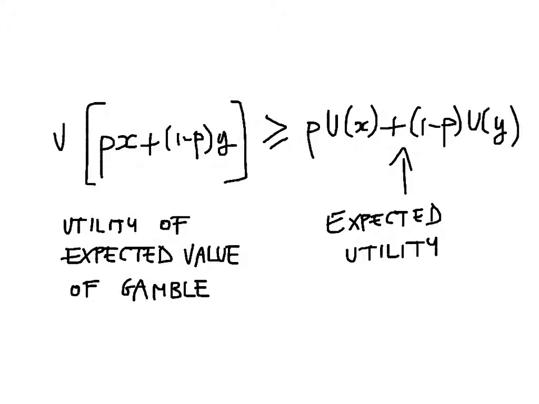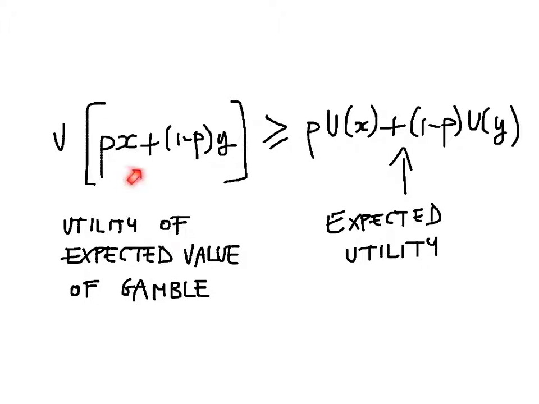Now you'll note that according to expected utility theory, the expected utility of a gamble is a function of the utility associated with each outcome. The utility of the expected value of the gamble is not, right?